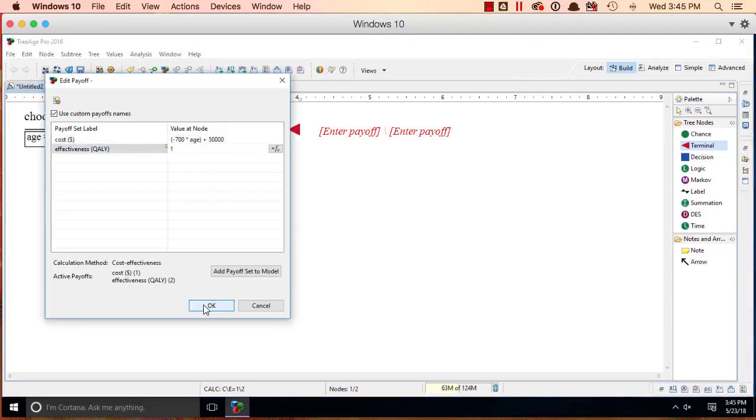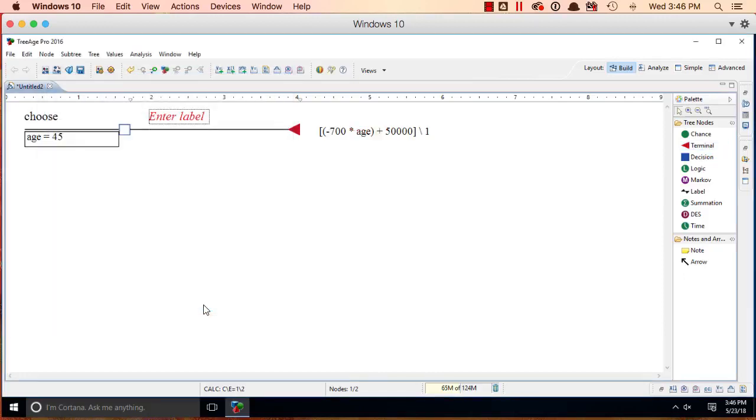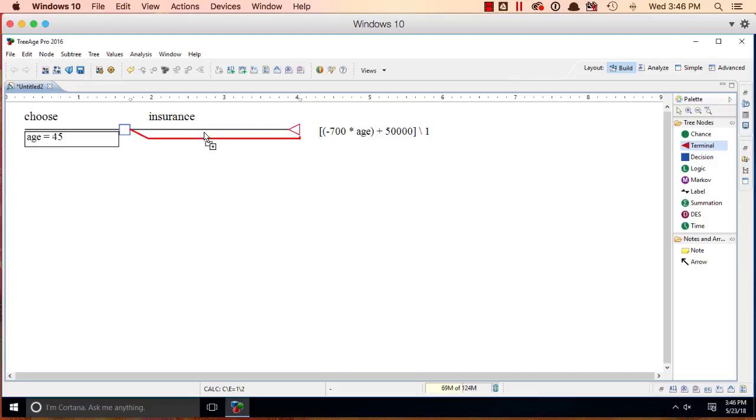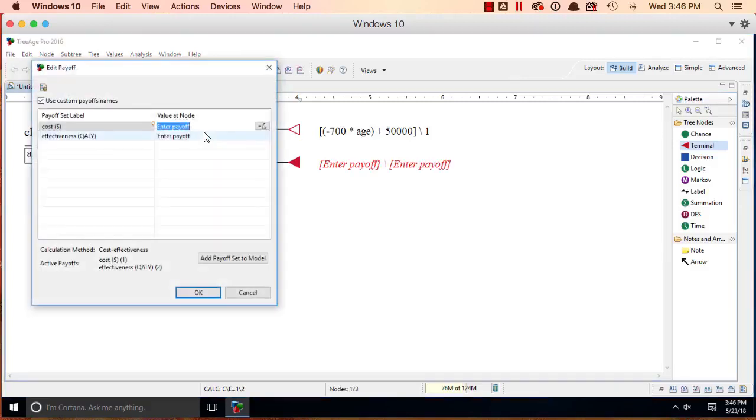For simplification, I'll just say that the quality of health insurance is 1, and then you can see there's a cost function there. So remember, the cost effectiveness we measure by the incremental cost effectiveness ratio, the cost divided by the quality. When there's one quality, the cost is the same as the ICER. So we're going to model the ICER as a decreasing function of age.